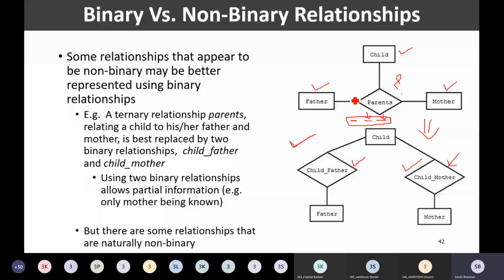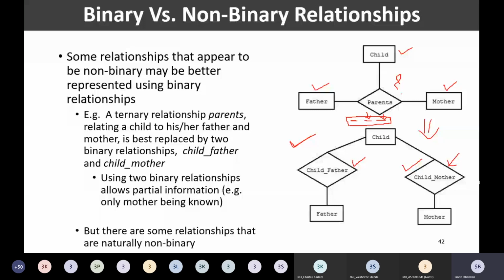So I hope you must have understood this concept of binary versus non-binary relationships. So sometimes it is better to go with binary relationships instead of non-binary relationships. And the example that I have provided, I hope the concept is clear.